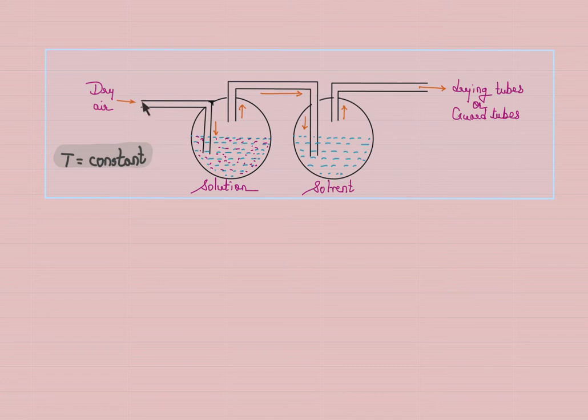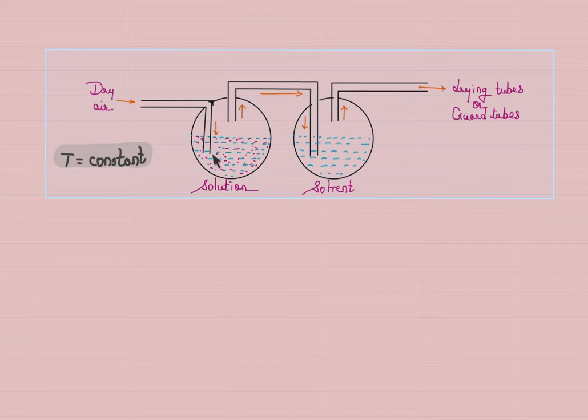And you can see that dry air is passed through the solution bulb first, and then it is made to pass through the solvent, and eventually it goes to the drying tubes. We have drying tubes here which would collect any moisture that we get. Ideally, the solvent that we select here is water, right? And even here this is water.